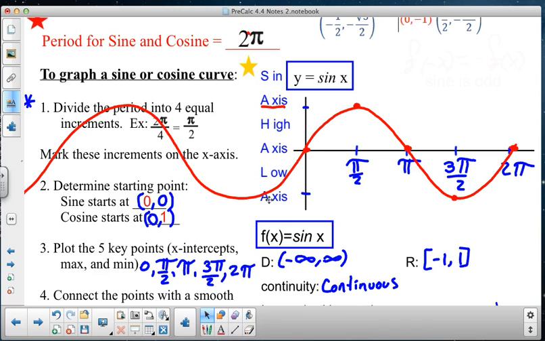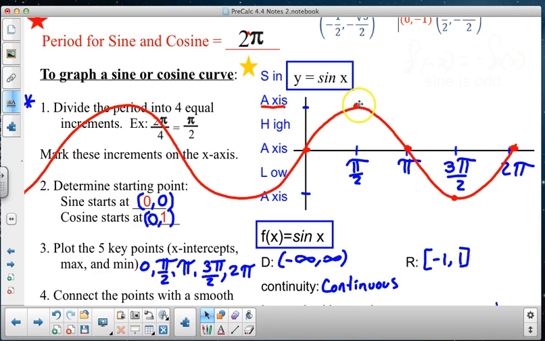The reason I have it like that is because as we go through here, we're going to learn about the changing of our period. And during that changing of our period, when we divide it into 4 equal increments, we're going to learn that although the period has been stretched or shortened based on our value of b in our function, they always start at the axis.